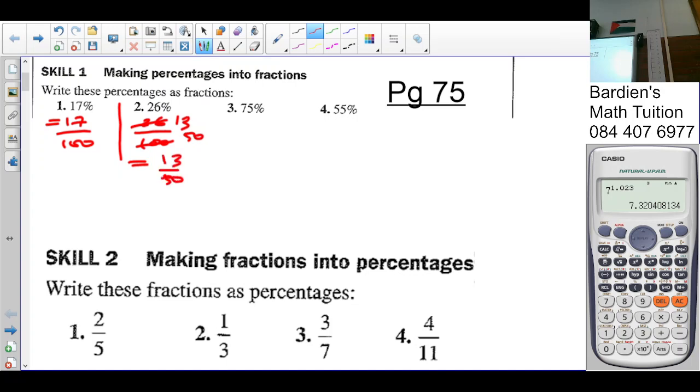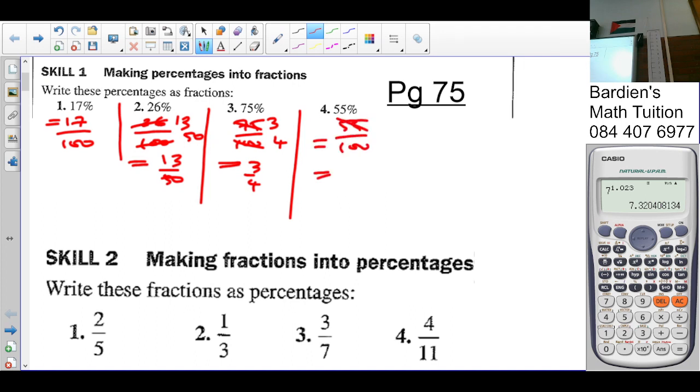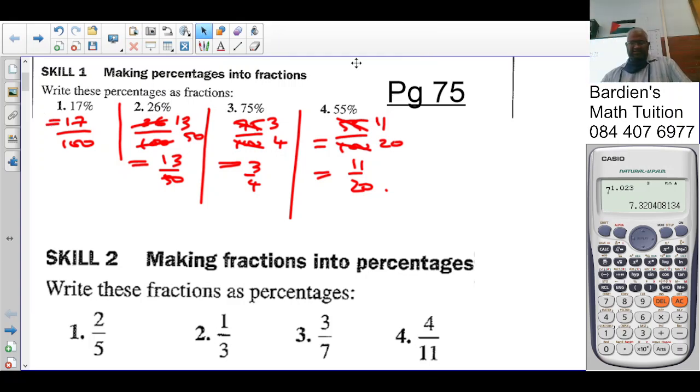It's 13 over 50. 75% is 75 over 100, which is 25 goes into 3 times 4, so it's 3 over 4. And the last one is 55 over 100. 5 goes into here 11, 20, so it's 11 over 20. Any confusion here? No? Let's carry on.